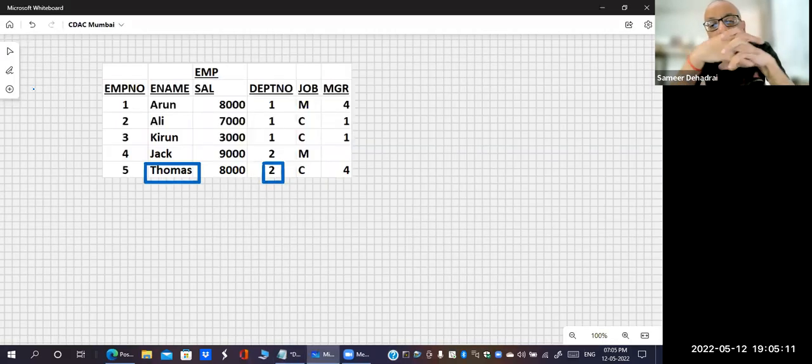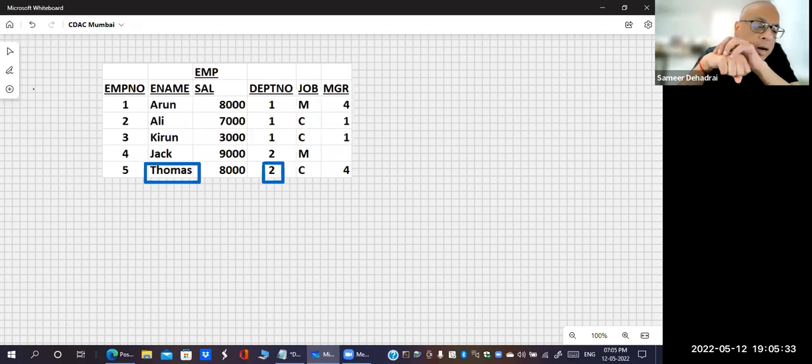If I'm selecting from the EMP table, on that basis, simultaneously, I cannot delete from EMP. But if I'm selecting from the department table or from the customer table, on that basis, I can delete from EMP.